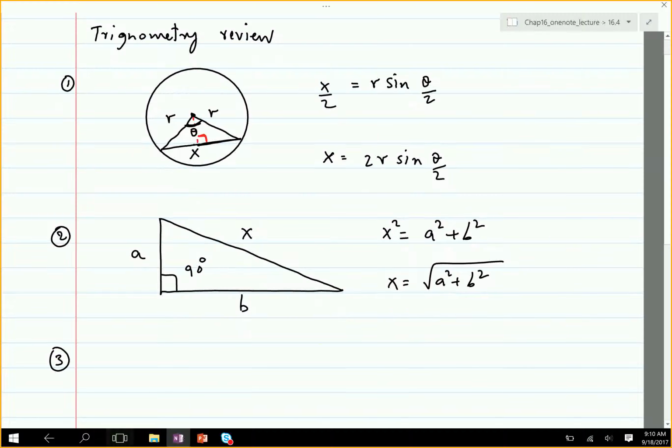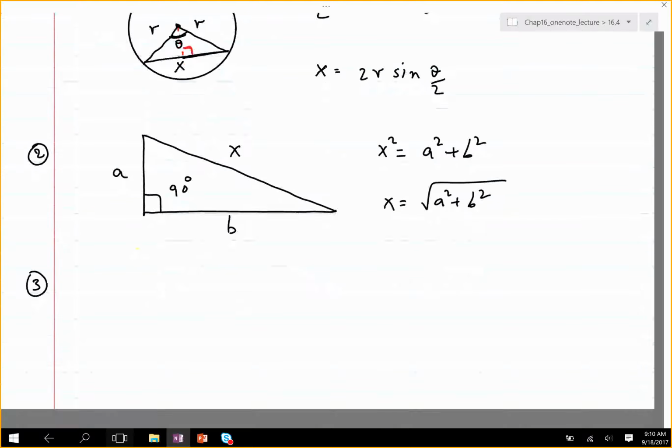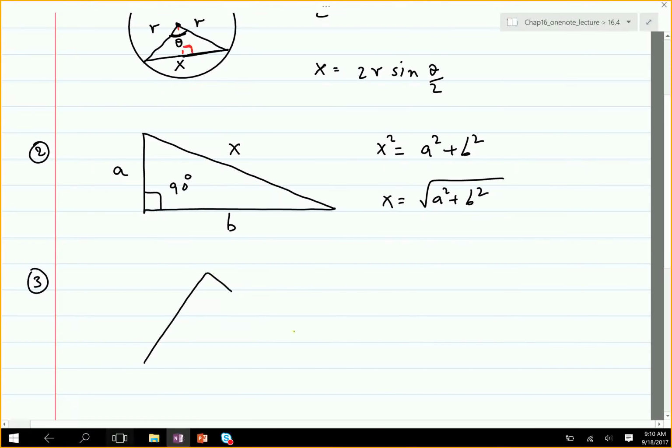Okay, and the third and final thing is, in general, you'll see that we will have triangles in the figures which I draw in the problems. When you're given two sides and one angle of the triangle, or three sides of the triangle, you can completely determine the other sides and angles. So let's draw a random triangle, and let's say that these sides are known.